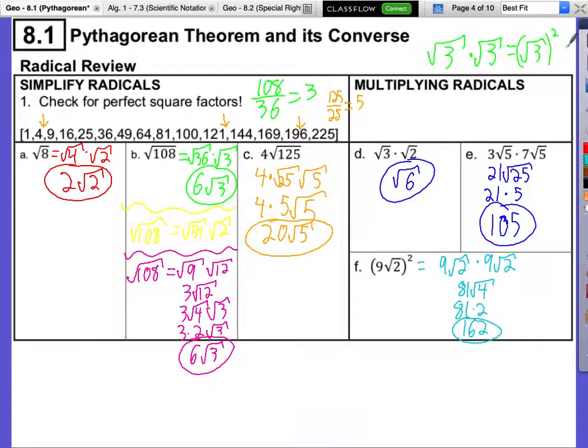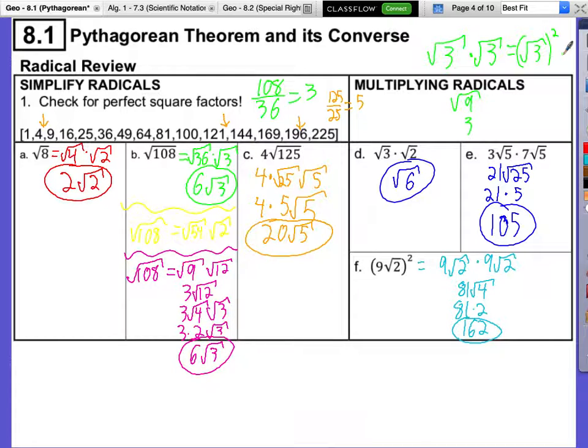But if we solve the square root of 3 times the square root of 3, we get the square root of 9, and what is the square root of 9? 3. So when we see a square root and a square, those kind of sound similar. Those are what we call inverse or opposite operations. Addition's opposite is subtraction.